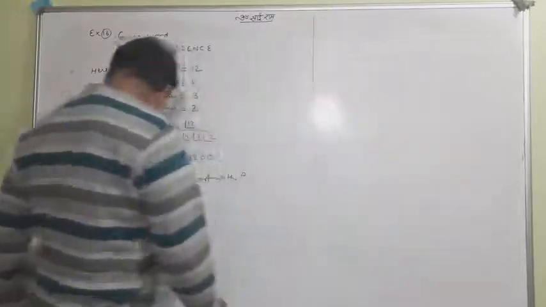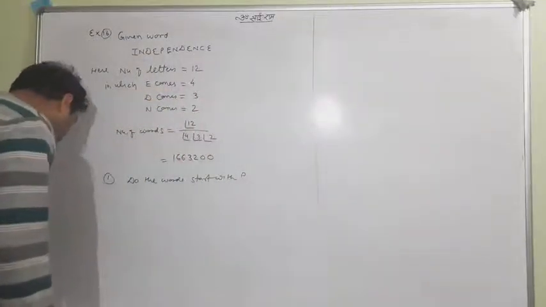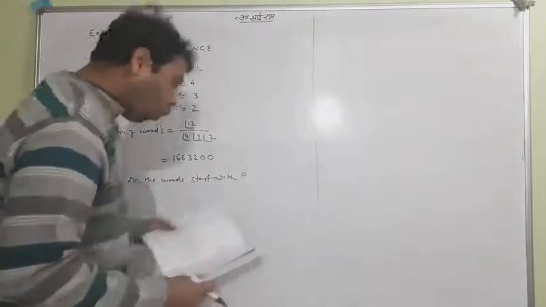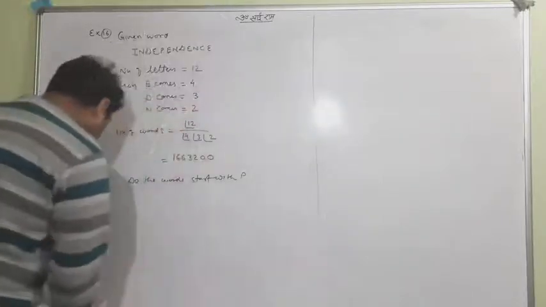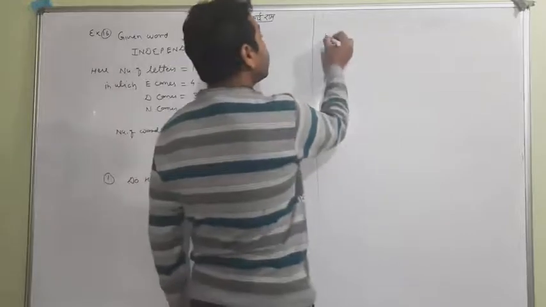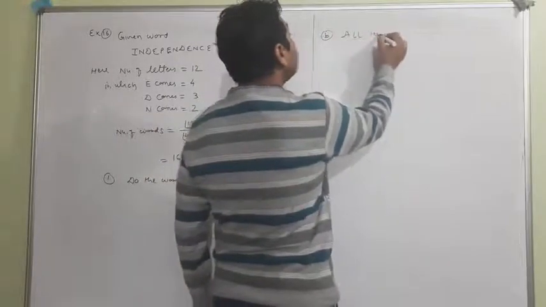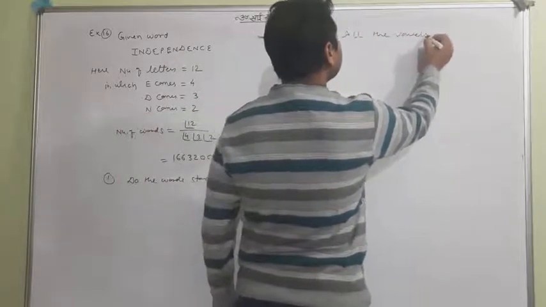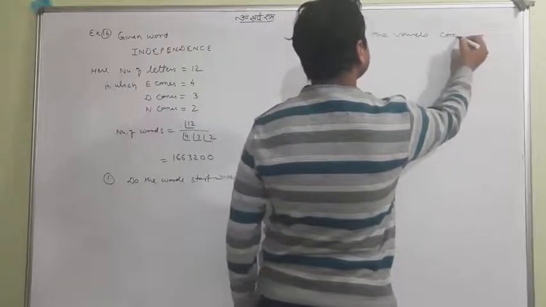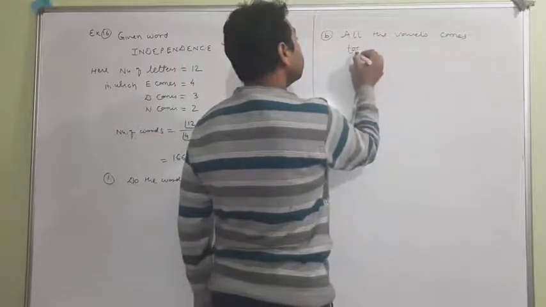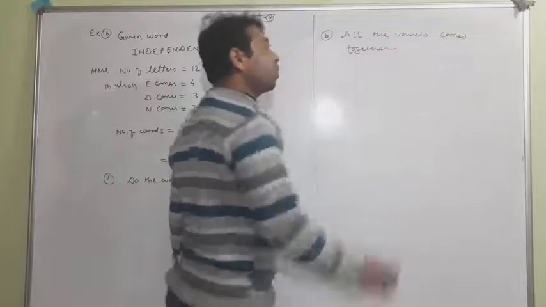What is next? Do all the vowels always come together? Okay, this is again important. Second question: all the vowels come together. What do you think about this question?